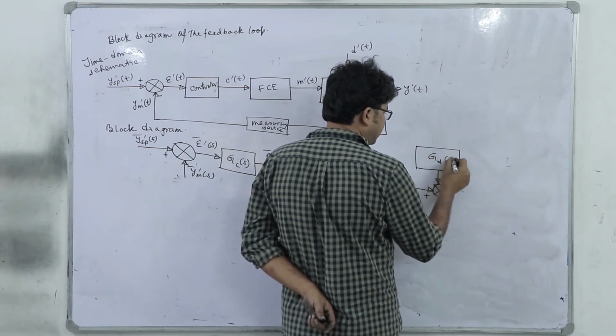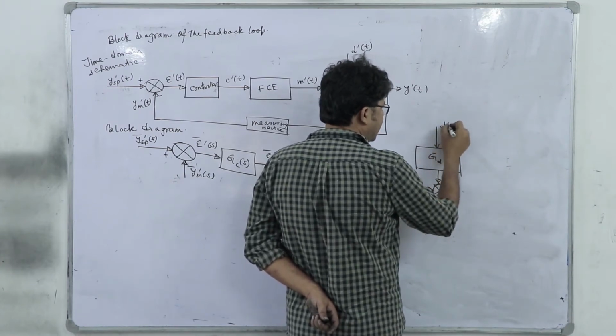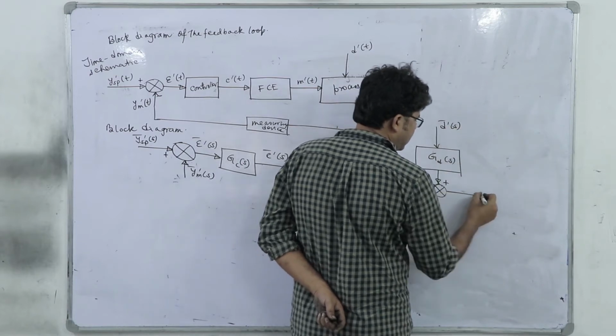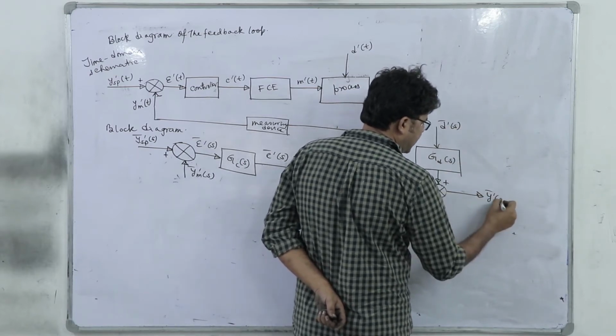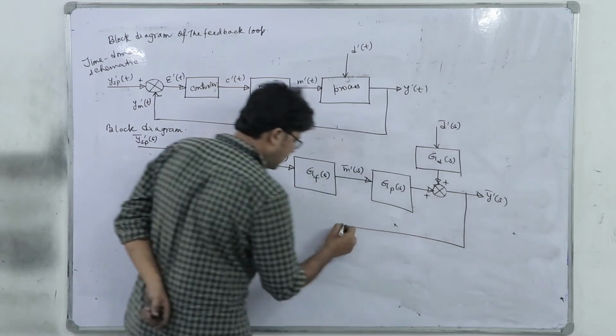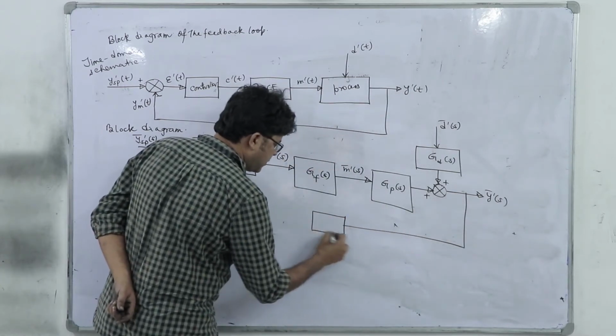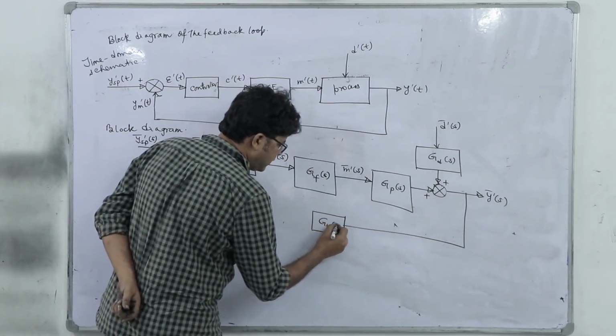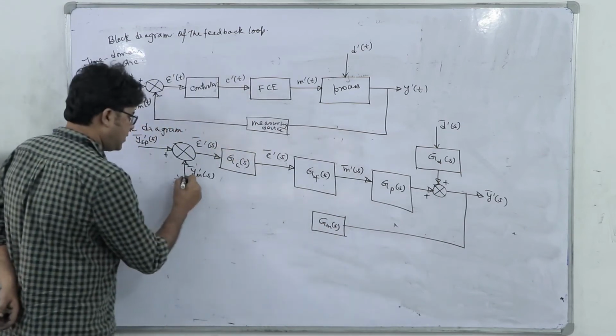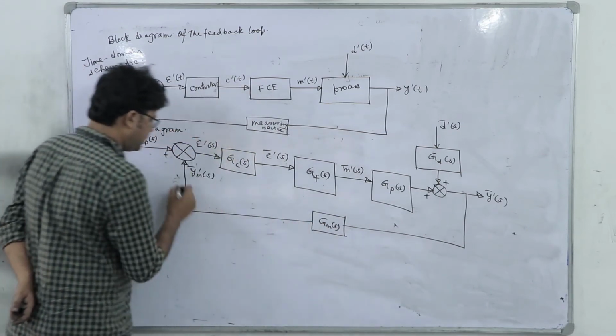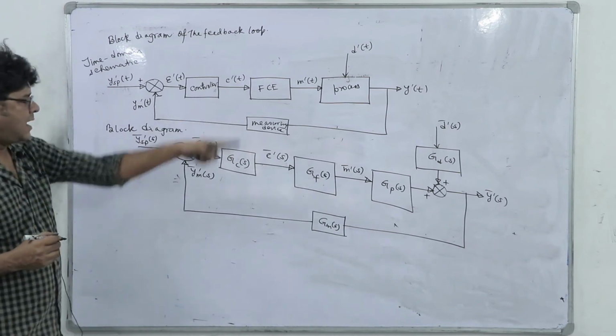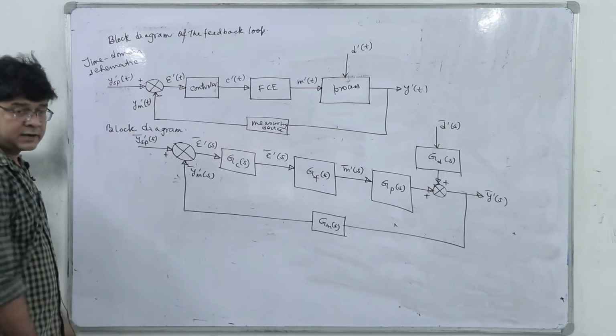This is GDS. Here we have D prime S, which produces the output Y prime bar S. From here we have the measuring device GMS, and it goes to this. So that's the entire block diagram.